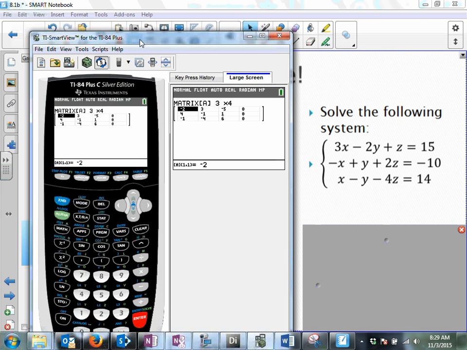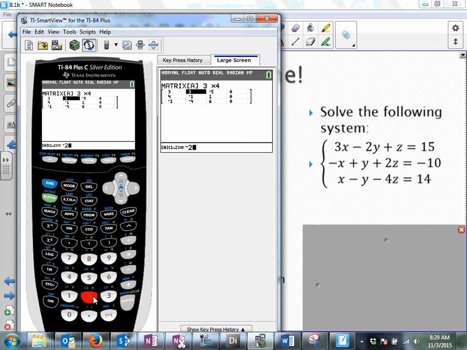So now we need to make our matrix. So 3, -2, 1, 15. And if you just press enter, it's going to take you to the next entry. Okay, so it's really nice.